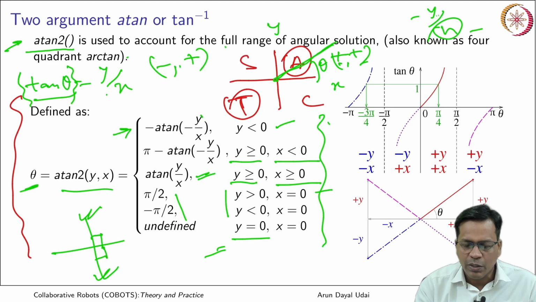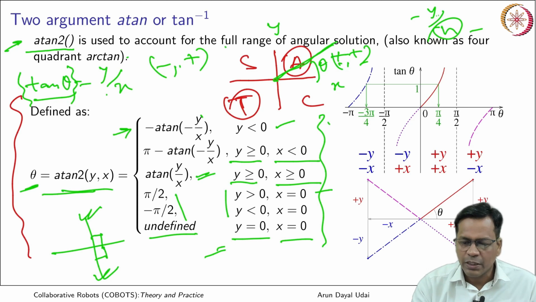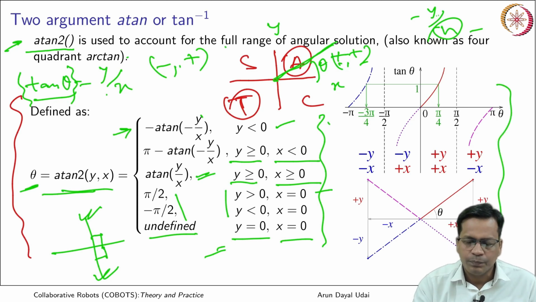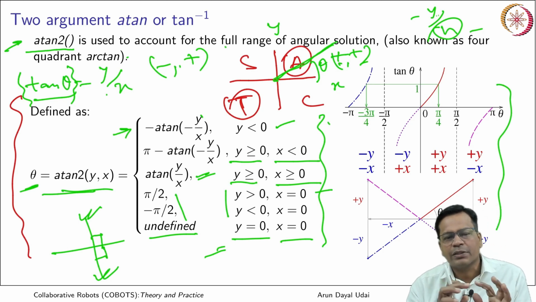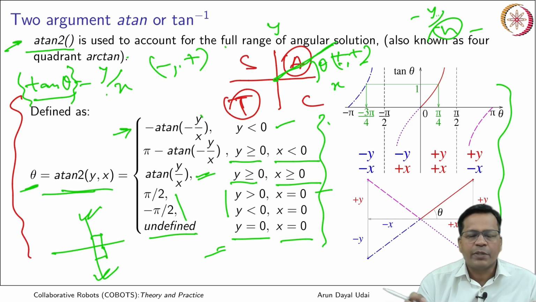In case both of them are 0, you need not evaluate, it is directly undefined. Okay. These are the plots for tangent that I have shown, and the quadrants also. So, you try to get the solution in tangent way, so that it can be programmatically made unambiguous.